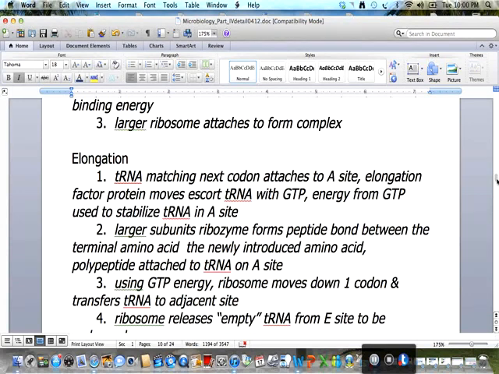During elongation, the tRNA with the matching codon attaches to the A site. An elongation factor protein moves the escort tRNA with the GTP, and the energy from the GTP is used to stabilize the tRNA in the A site. The larger subunit, Ribosome, forms a peptide bond between the terminal amino acid and the introduced amino acid, and the polypeptide attaches to the tRNA at the A site.